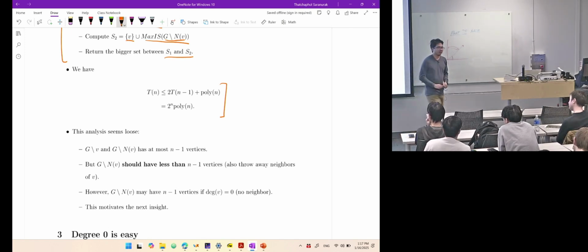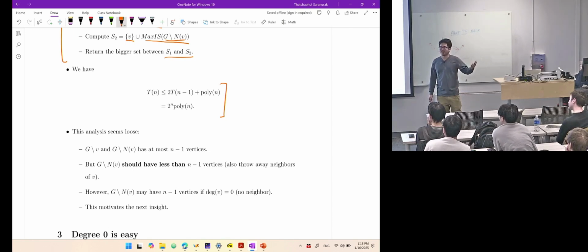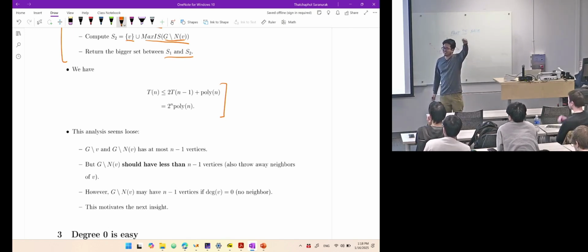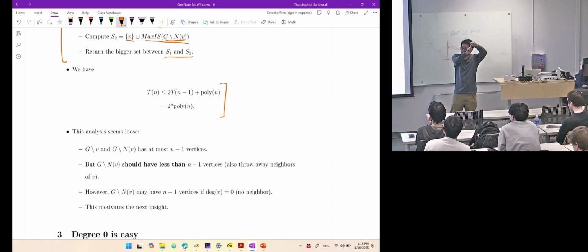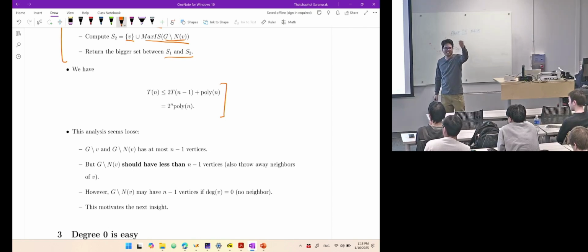But if you have a graph and 1 node has no neighbor at all, what should you do about it? Include it? Just include it. If there is some isolated node, it should always be in the maximum independent set. So this case when there is a node with degree 0 is an easy case. There's no choice, you just include it, right?